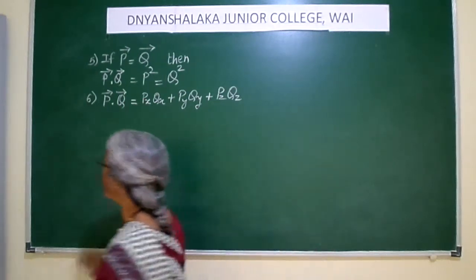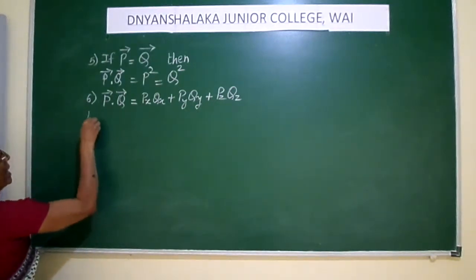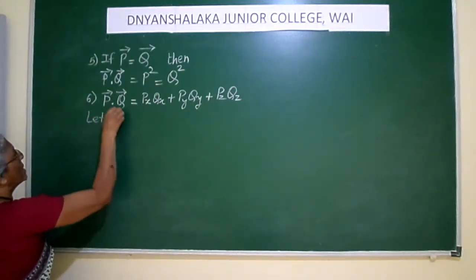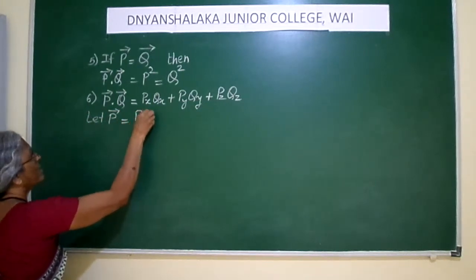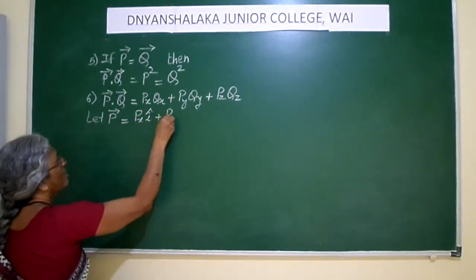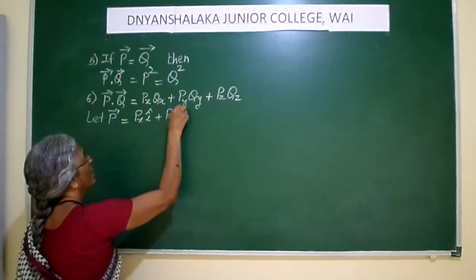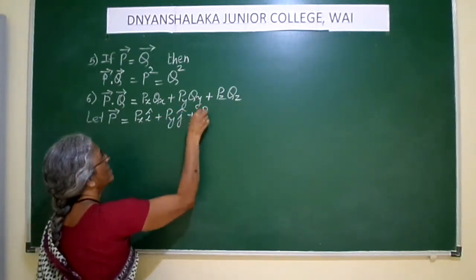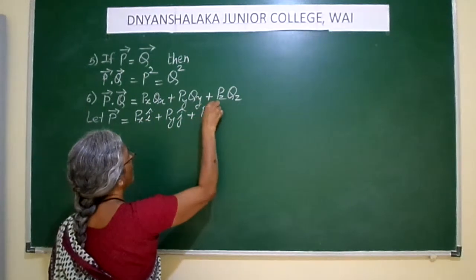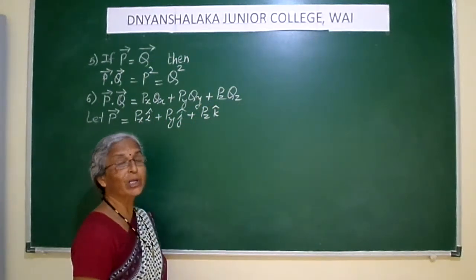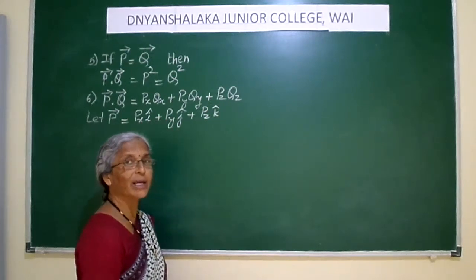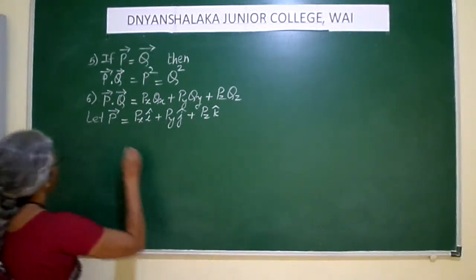Okay? So what are we going to consider? Let vector p be equal to pxi plus pyj plus pzk, where i, j and k are what? Unit vectors along the directions x, y and z.